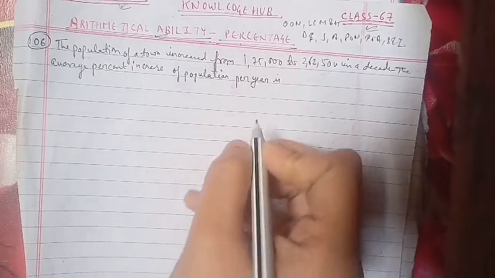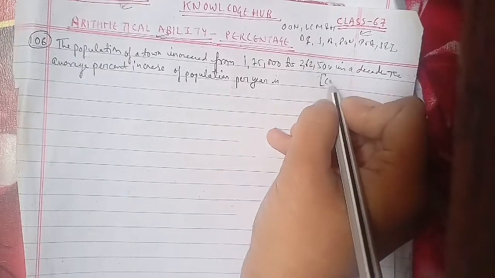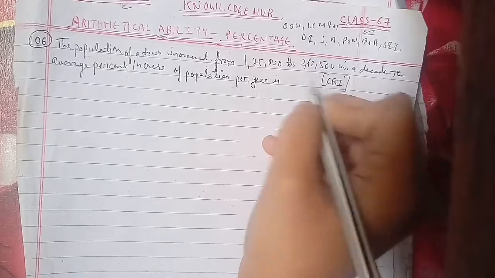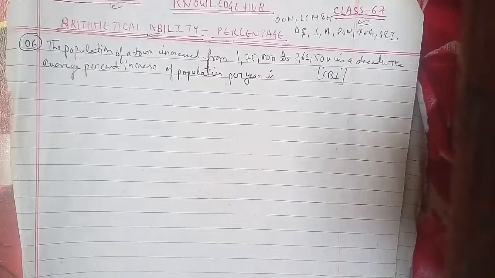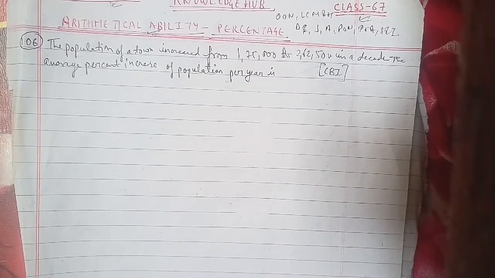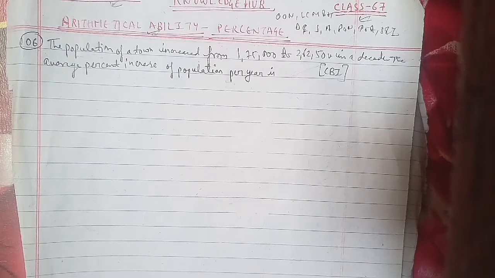This was asked in a CBI examination paper, and that is an important one as well. The options for that, as I told you, are 4.37%, 5%, 6% and 8.75%. So we'll go ahead and solve it.